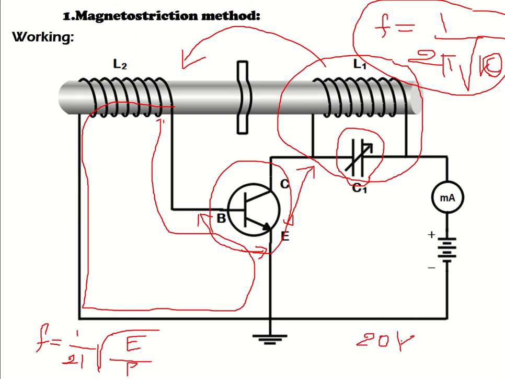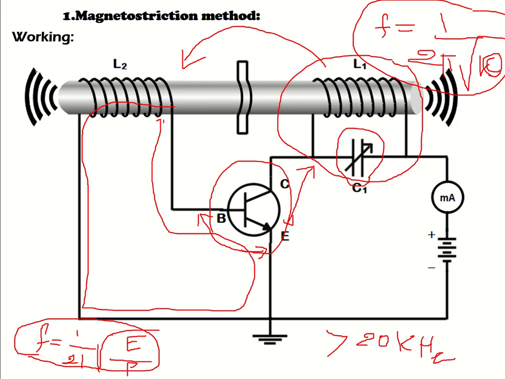So at that time, this rod will also oscillate with a very high frequency beyond 20 kilohertz, and it will oscillate with ultrasonic frequency and it will generate an ultrasonic wave on both sides of the length. So in this way, the magnetostriction device generates the ultrasonic waves.